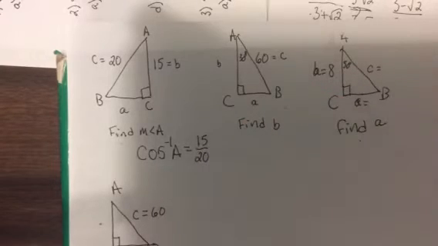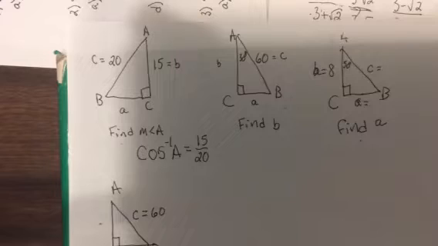So I'm going to get my technology out. Now I'm using the cheap calculator because I'm using the iPad at the same time. But this would be 15 divided by 20, second cosine. Shoot, I'm going to have to start this over.